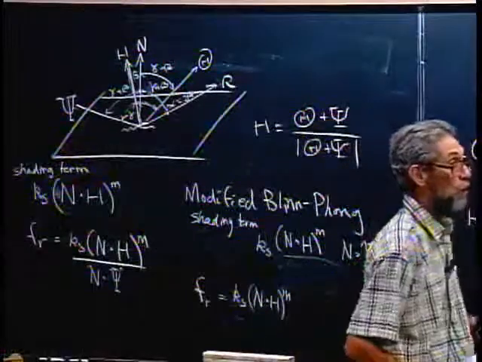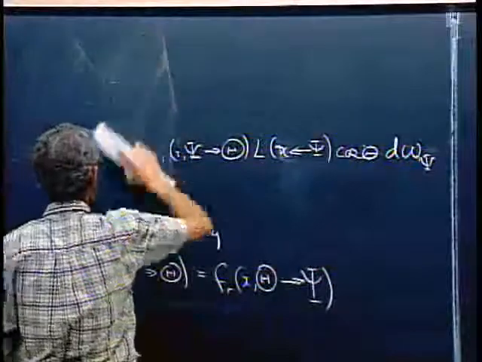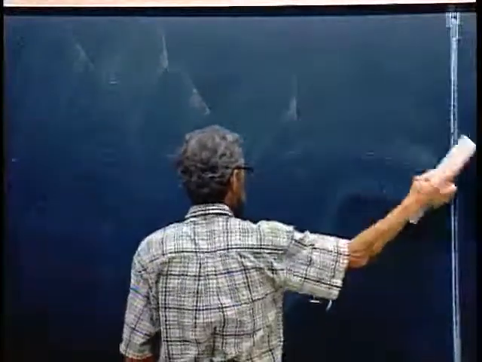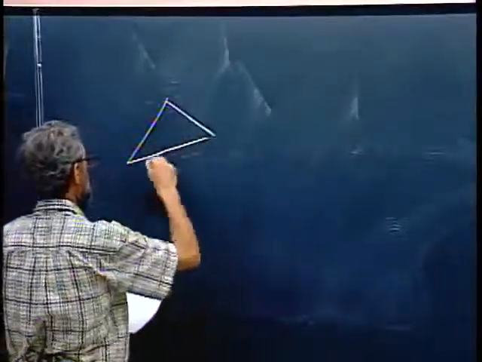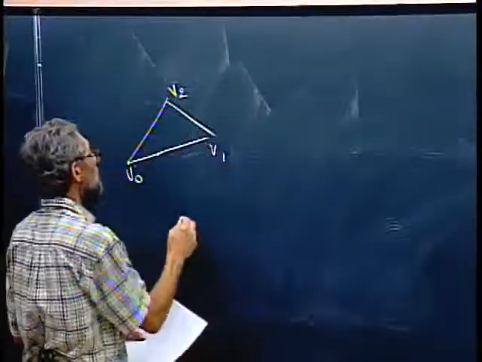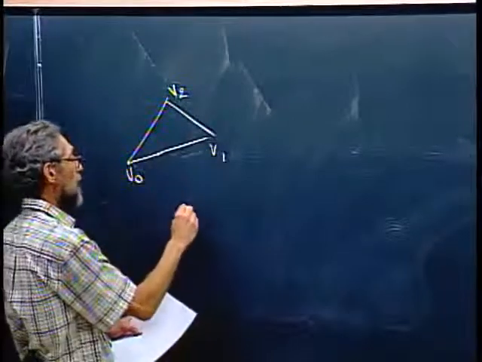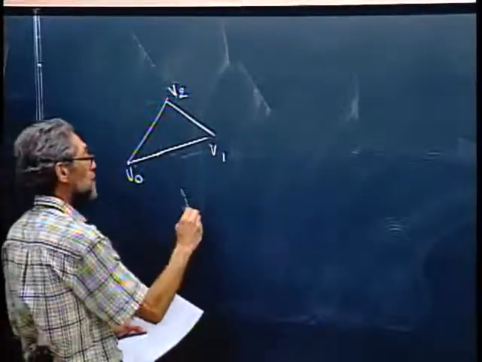So, what I want to talk about the rest of today is the 2 things I said I would: how you compute normals and how you compute eye rays. So for the normal, if you have a polygon, say a triangle, here's V0, V1, V2, you can get a vector perpendicular to that triangle by taking the cross product of these 2 vectors.